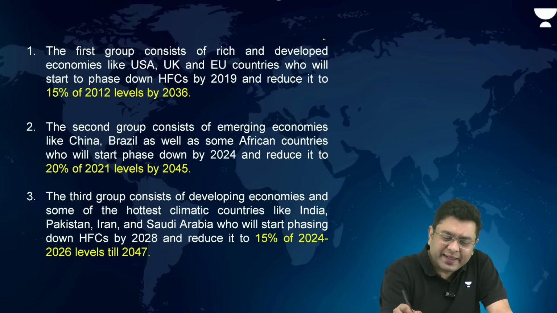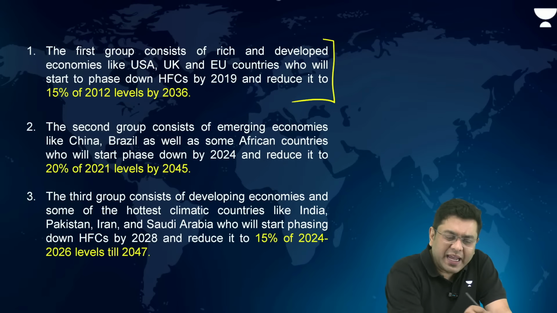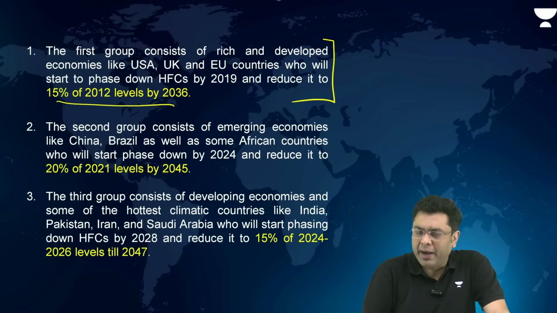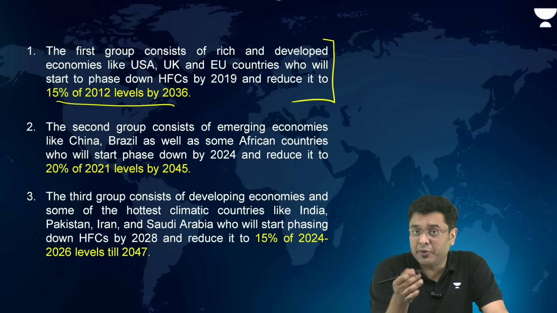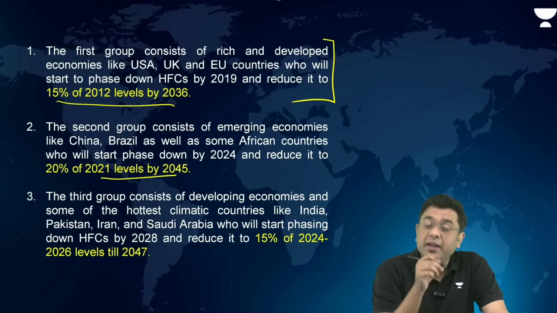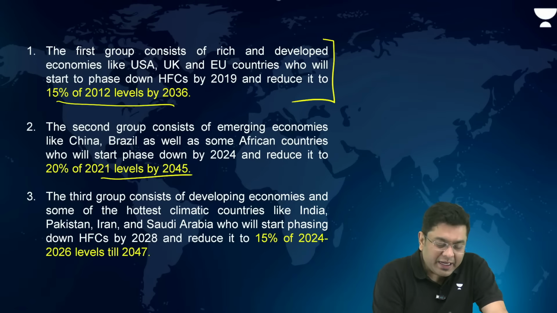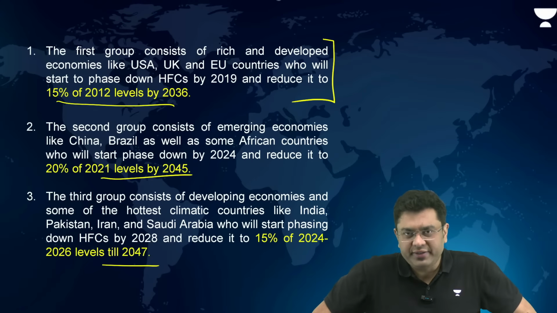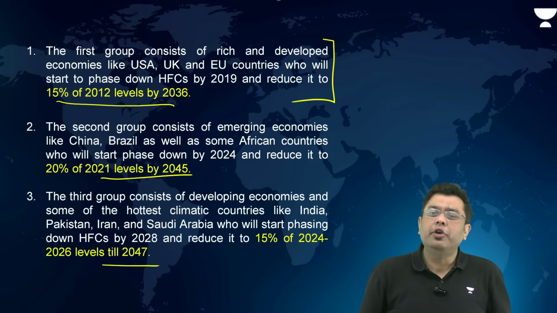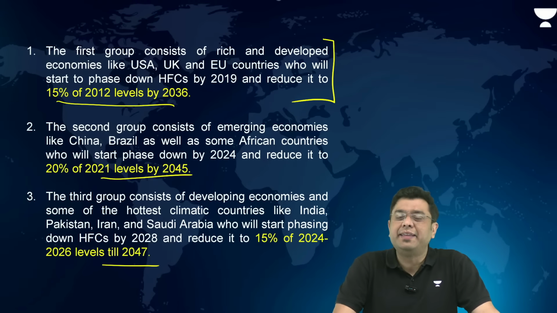Basically, rich and developed countries were put in the first group, where they have to reduce the emissions by 2036. Then the second group, China, Brazil, and some of the other emerging countries, have to put a cap on it by 2045. And then countries like India have to achieve the target by 2047. So that was the case of the Kigali Amendment, which again made it easy to implement and acceptable to the various different countries as well.